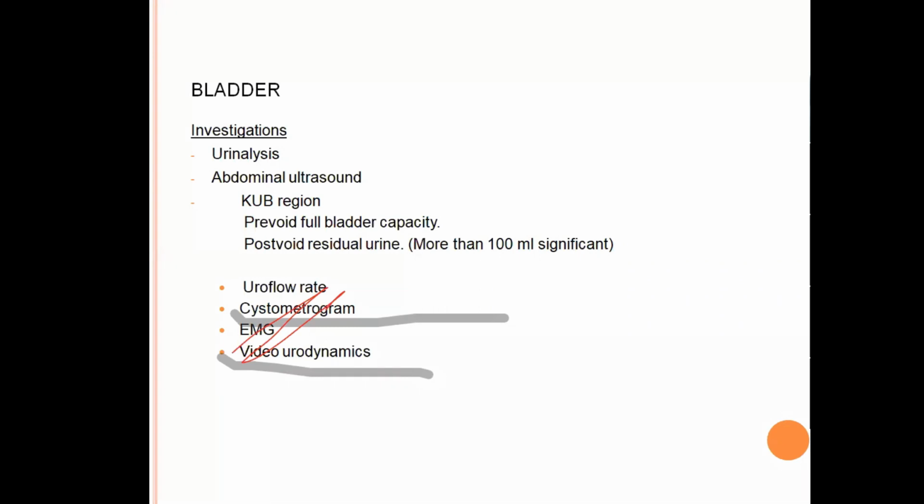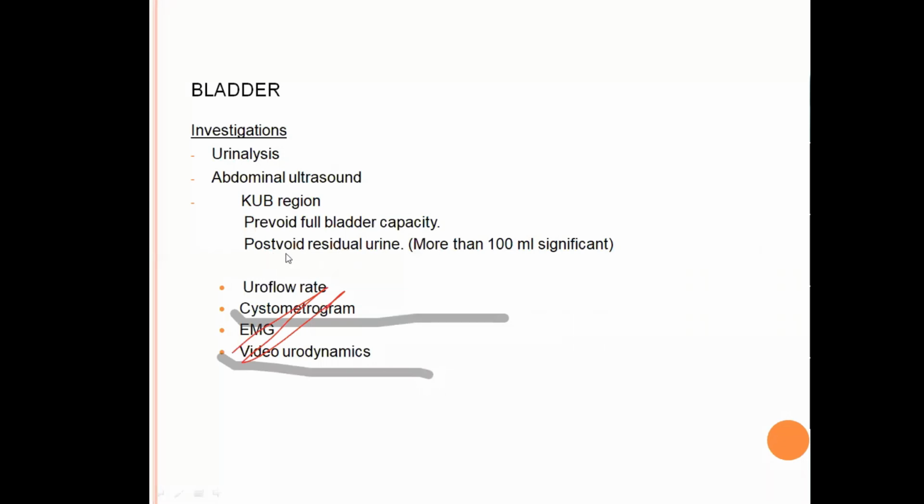Because their main emphasis is on difficulty to walk or imbalance. So they don't bother much about the bladder problem. It is mandatory to do an abdominal ultrasound to look for any back pressure, pre-void, full bladder capacity, and post-void. More than 100 ml post-void is significant, which requires intermittent self-catheterization.